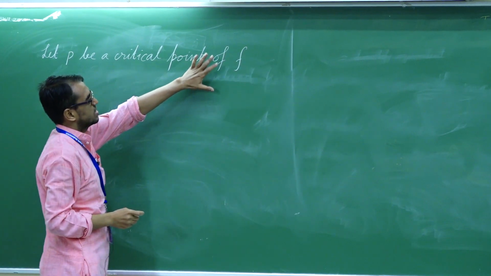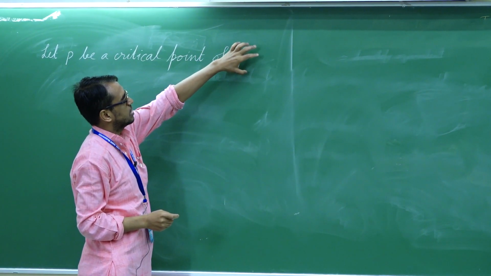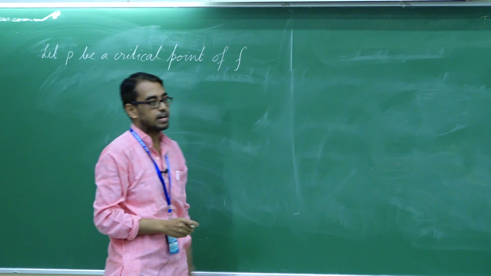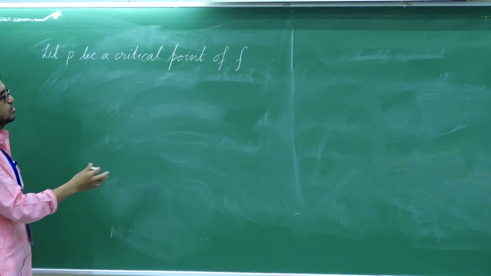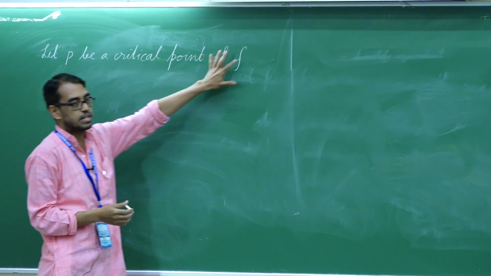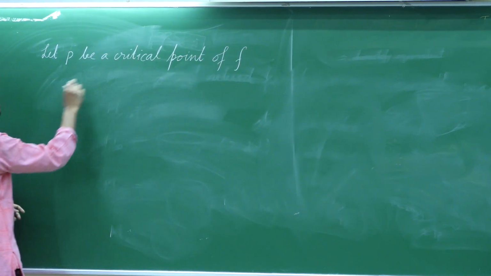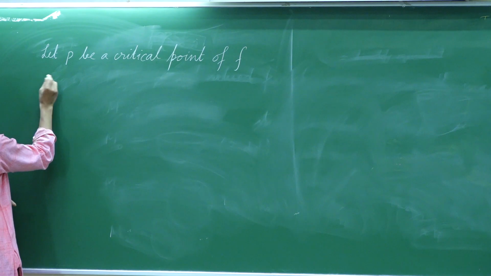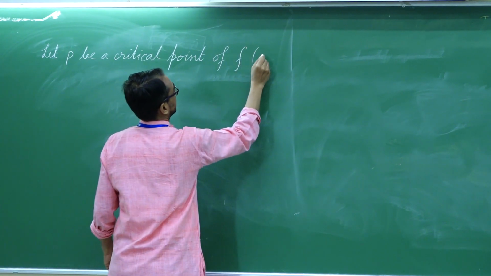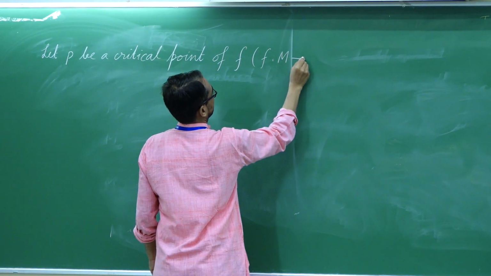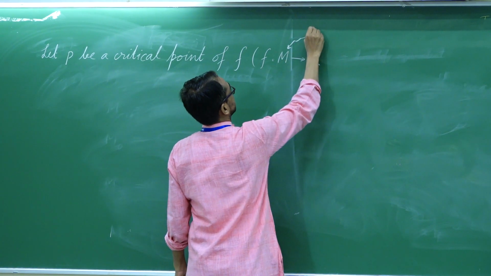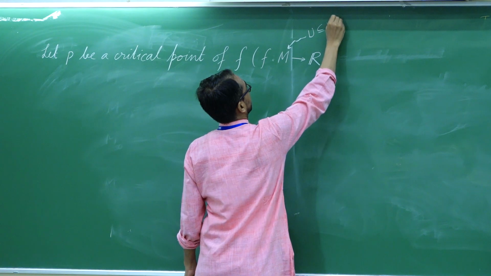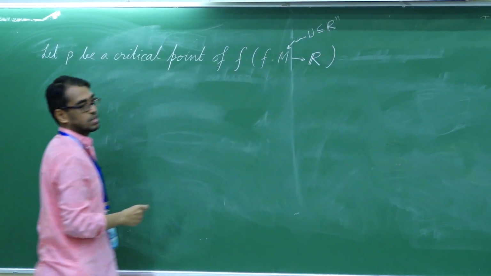I'm not going to make a distinction between F defined on a manifold or F defined on a local subset of Rn, because a manifold is locally Rn, so you basically use coordinates and can represent F. So let's see the critical point of F, which comes with its own set of coordinates.